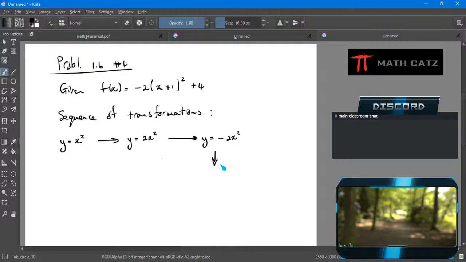Then I'm going to change it to negative 2 times (x plus 1) squared, which is a replacement of x. And lastly, we're going to change it to the end result by taking that previous right-hand side and adding 4. So we have a few steps in our sequence of transformations.